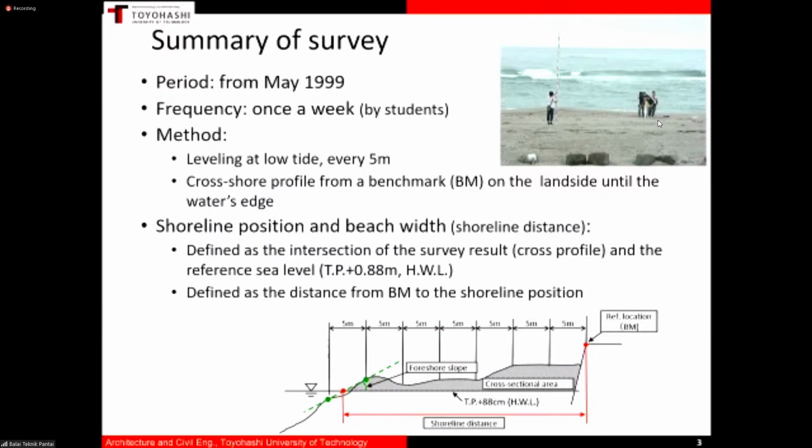The method is very simple. We use leveling at low tide because we want to measure as far as possible from the landmark benchmark to the shore water edge. Then we measured the cross-shore profile.